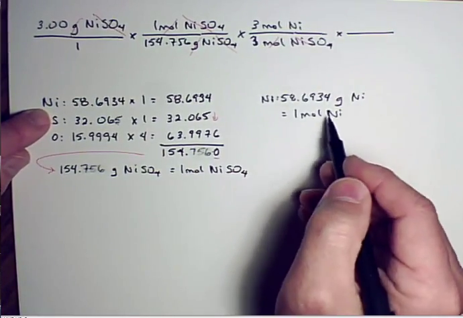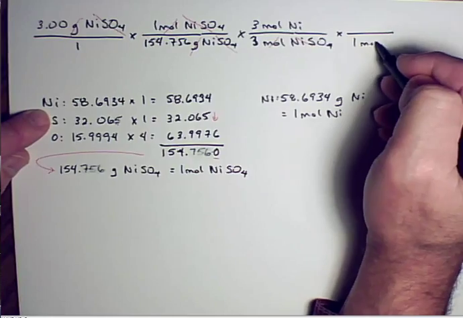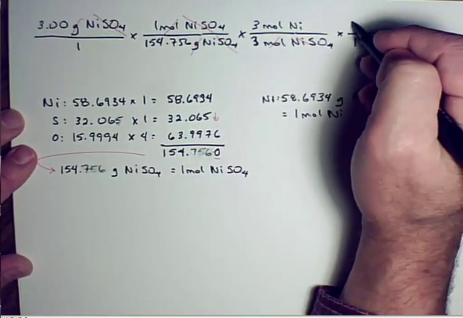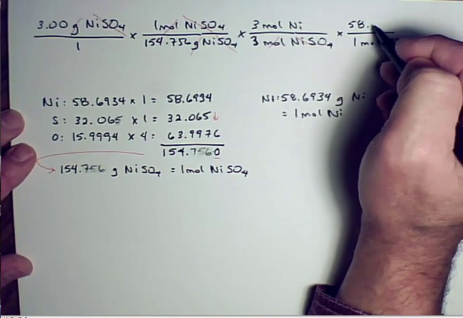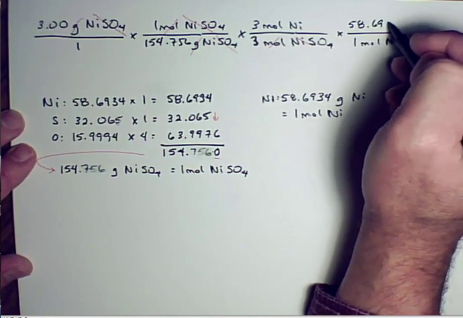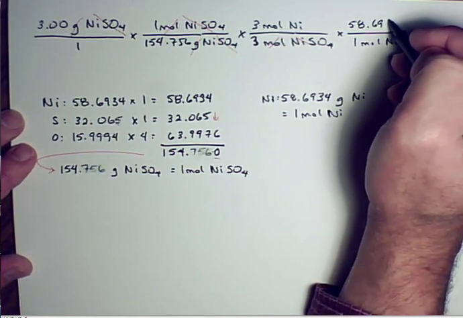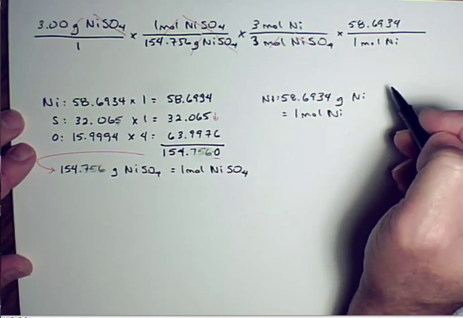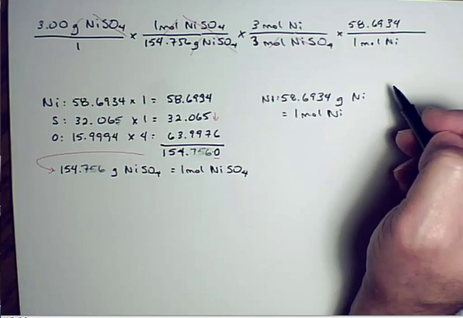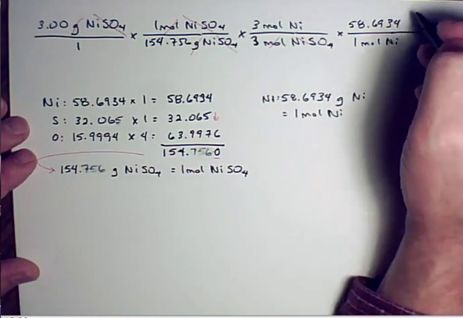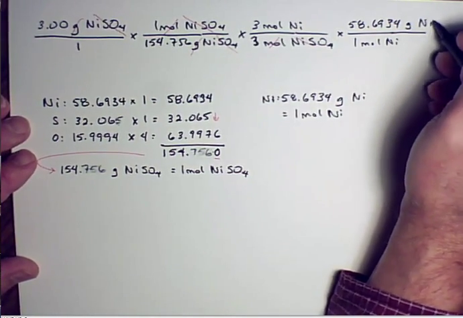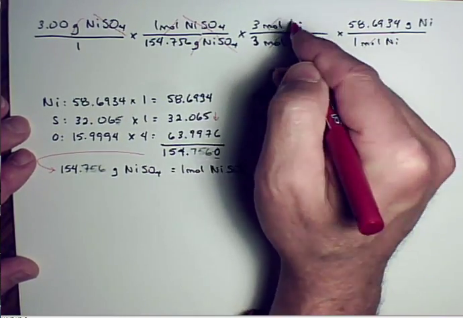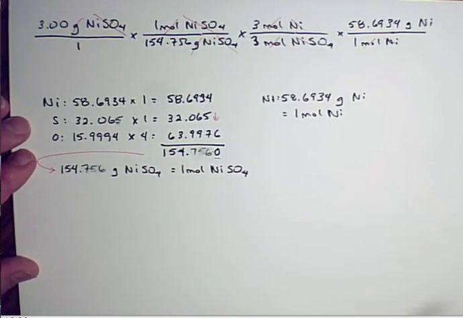And so I can put the moles on the bottom, 1 mole, and I can put the mass on the top. So if I just have a single atom element, not a diatomic element, the atomic mass is its molar mass. You just change it from atomic mass units into grams. Okay? And so now we can simplify this. Moles cancel, nickel cancels. And we're ready to do the math.